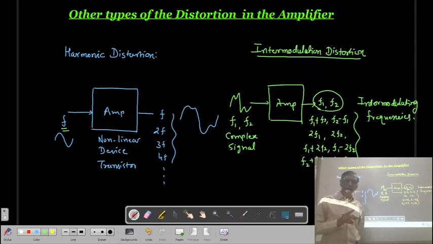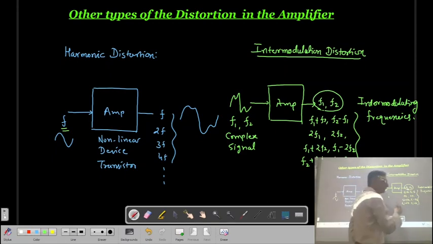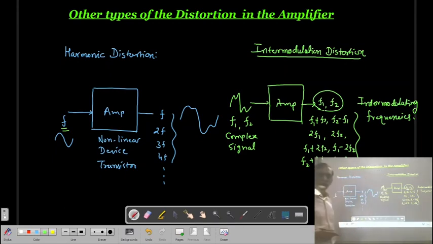So harmonic distortion will be there if we have a single frequency at the input. Intermodulation distortion will be there when we have more than one frequency present at the input. Here the addition and subtraction of the frequencies are produced and superposed on your input signal, and that produces intermodulation distortion.